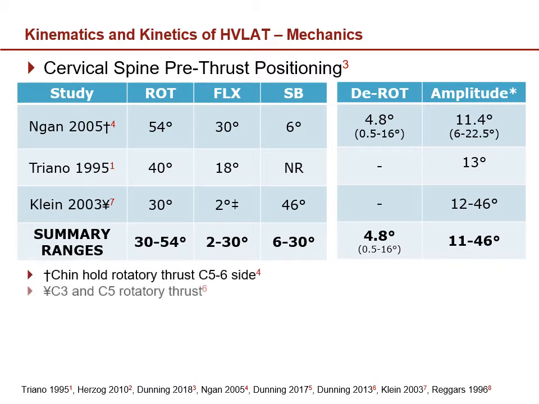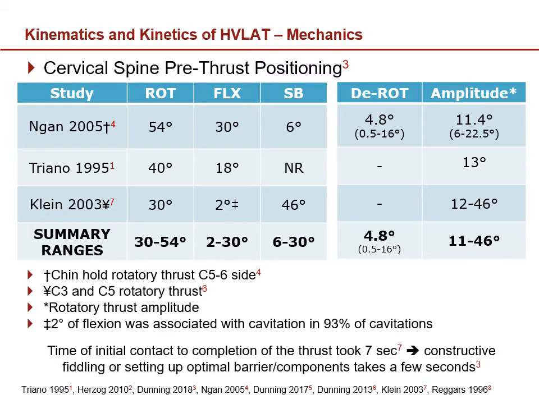Okay. A bit of a full slide here, but we'll step through it together. So you're just seeing the different studies that have considered the pre-thrust positioning for the cervical spine. I want to focus your attention not so much on all the numbers, but rather on the summary ranges that are in bold on the bottom row.